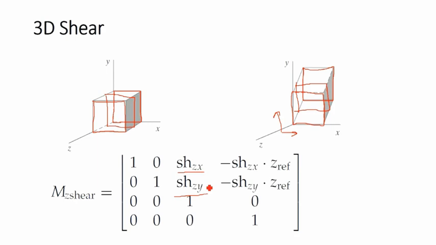Here, since our reference is the z-axis, we have taken zref as the reference axis. So that's it about general rotation, 3D rotations, 3D reflection and 3D shear, guys. Hope you have understood, and thank you, guys.